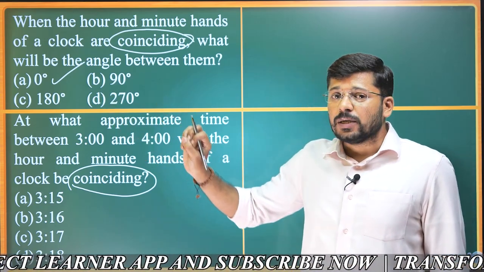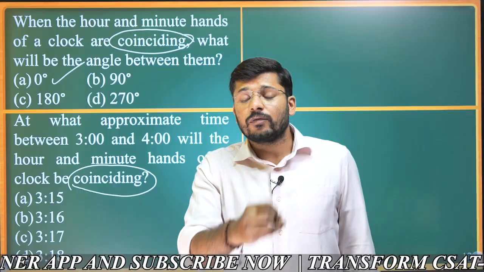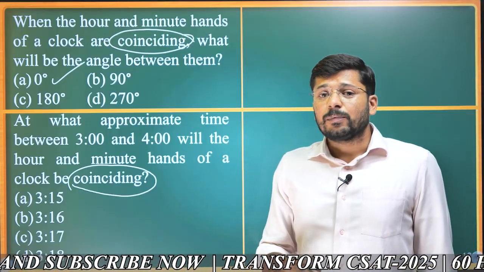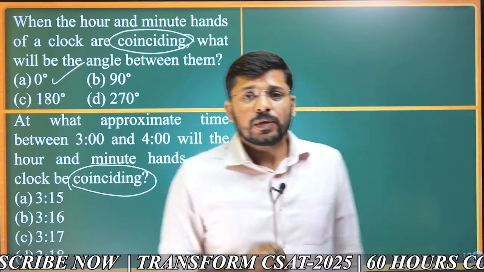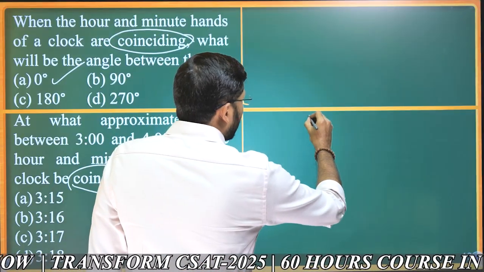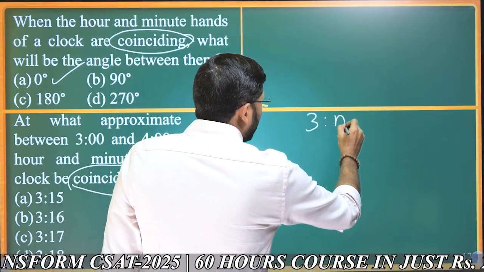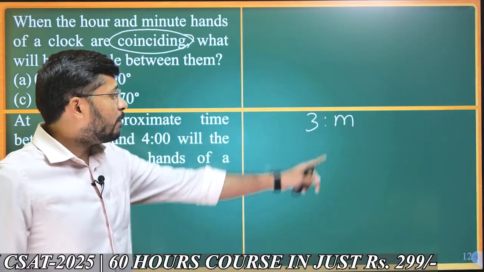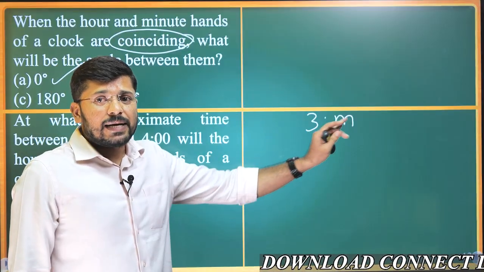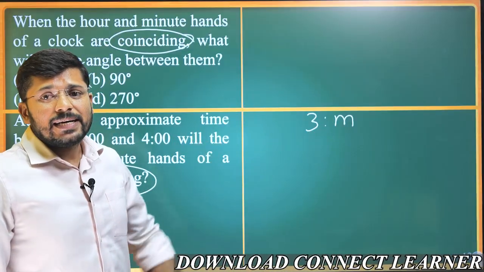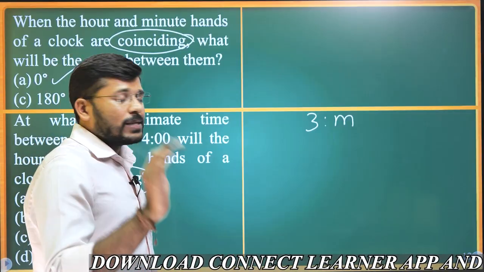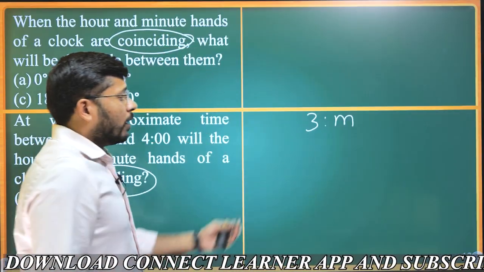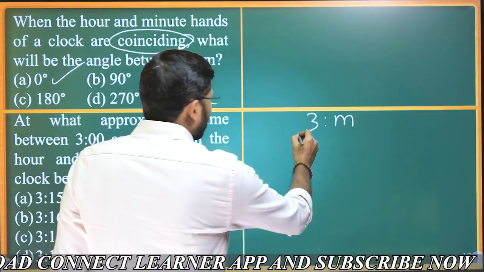So, using this concept and the method that we learned to find the angle between the hour hand and the minute hand, we will solve this question. How? It is like this. Let us assume that when they are overlapping, the time is 3 m, where m is minutes. 3 hours, m minutes, the hour hand and the minute hand will be coinciding. Now, how do you find the angle between them? Follow the same method.